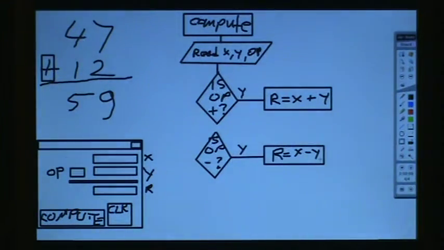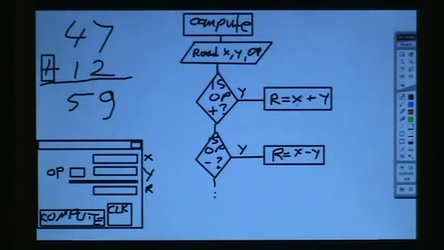Okay. And so on. We'll also ask, is op times and is op divide? I will not draw those here for the sake of saving time.